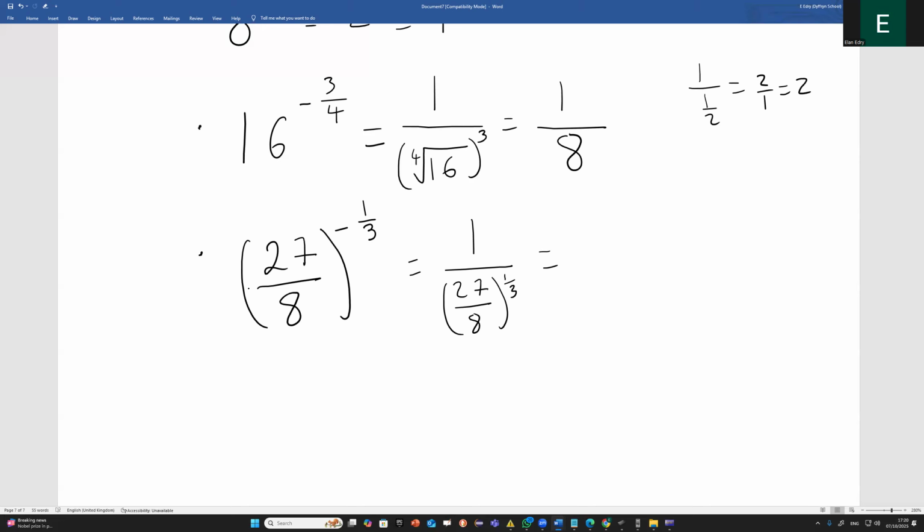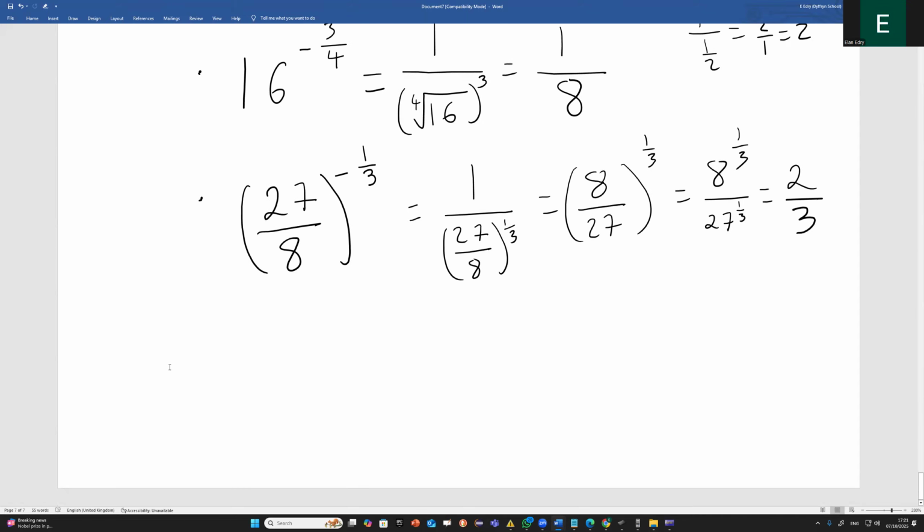So when you've got 1 over a fraction, you can just flip it over. So we'd have 8 over 27 to the power of a third. That would give you 8 to the power of a third over 27 to the power of a third. The cube root of 8 is 2, and the cube root of 27 is 3. So you just end up with 2/3.